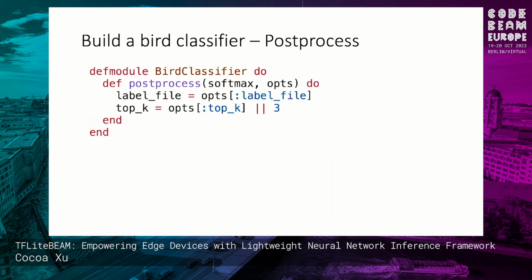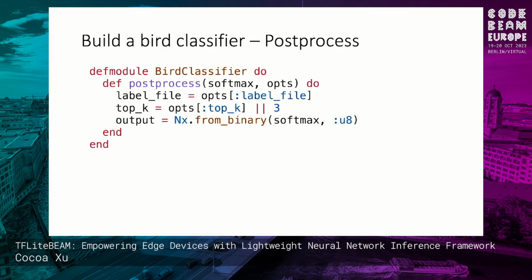As for the post-process, for this model, it will return a softmax array, so we will rename the first parameter to softmax, and the second parameter will be options. We will check the optional label file and the top K optional parameters here. By default, it will be 3. It means that we will take the top 3 predictions from that result.